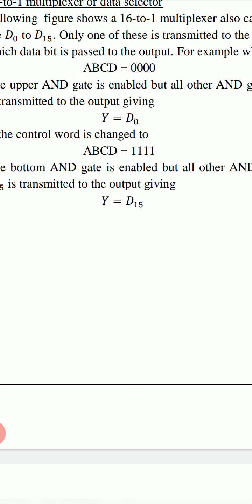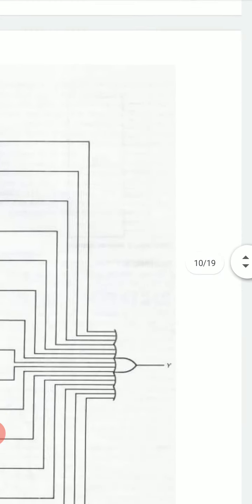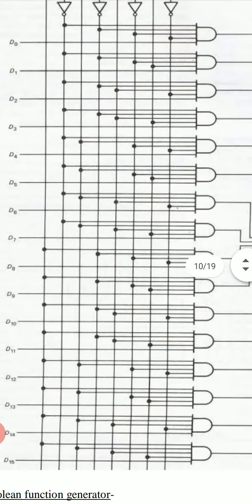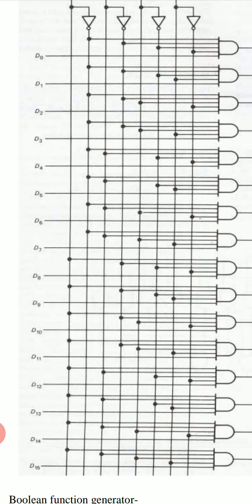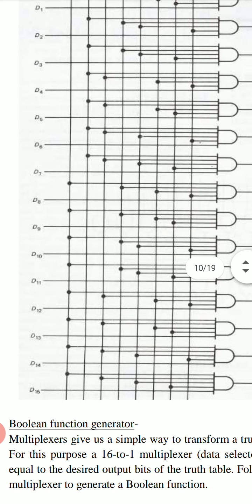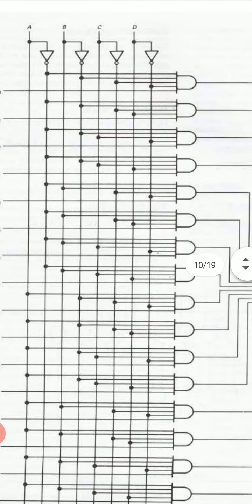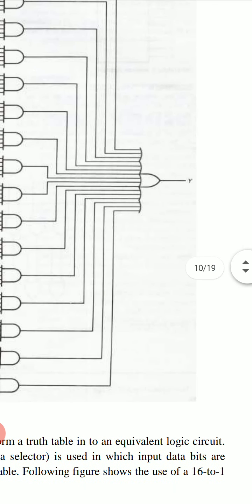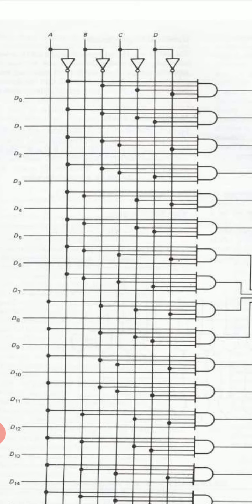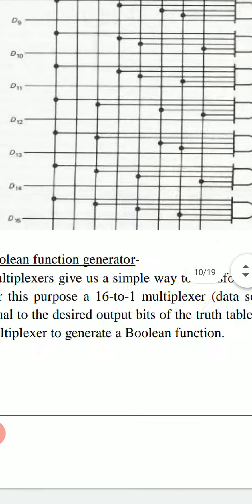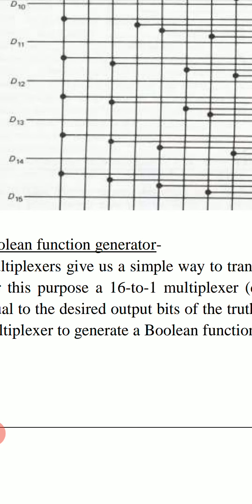And from these 16 combinations, we find output Y as one of these input bits, either D0 or D1 or D2 or D3 up to D15. If ABCD is 0, 0, 0, 0, output Y is D0, and at last if input control word ABCD is 1, 1, 1, 1, output Y will be equal to this last bit D15.